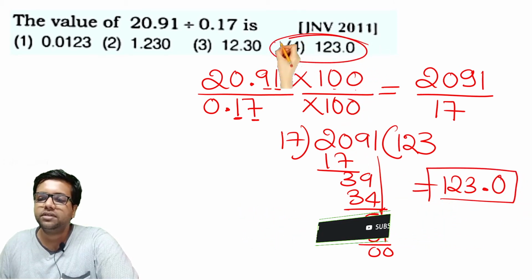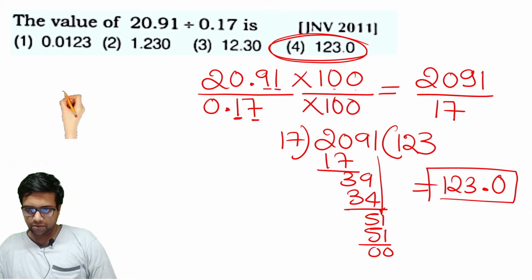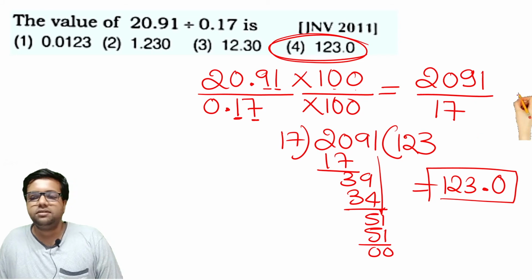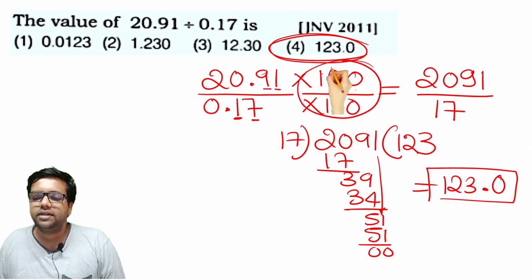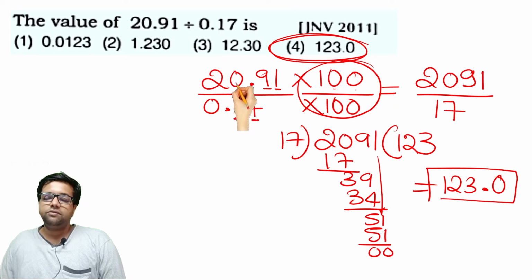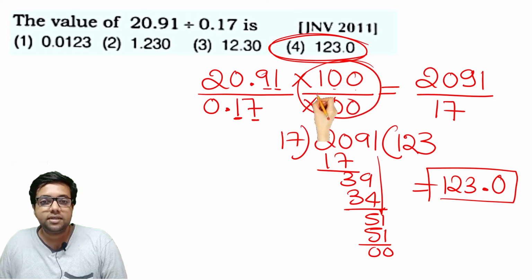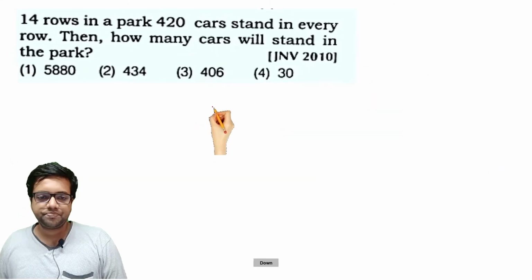So 123.0 is available in option number 4. Option 4 is the right answer for this question. You should know this technique, how to reduce a decimal number into a proper fraction with whole numbers, by multiplying zeros to the numerator and denominator.